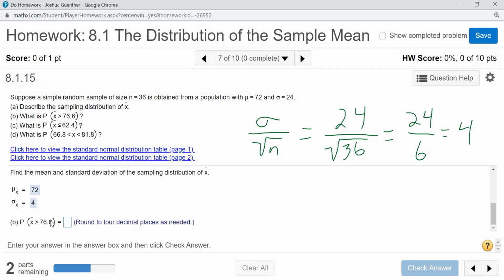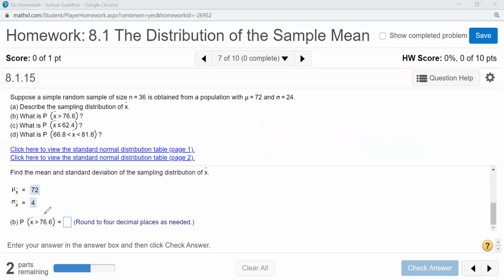And we're not done with the problem, of course. We want to find the probability that X bar is greater than 76.6. Okay, well, we already have mu and sigma decided for X bar. We need to calculate a z-score first of all. 76.6 minus 72 all over 4.